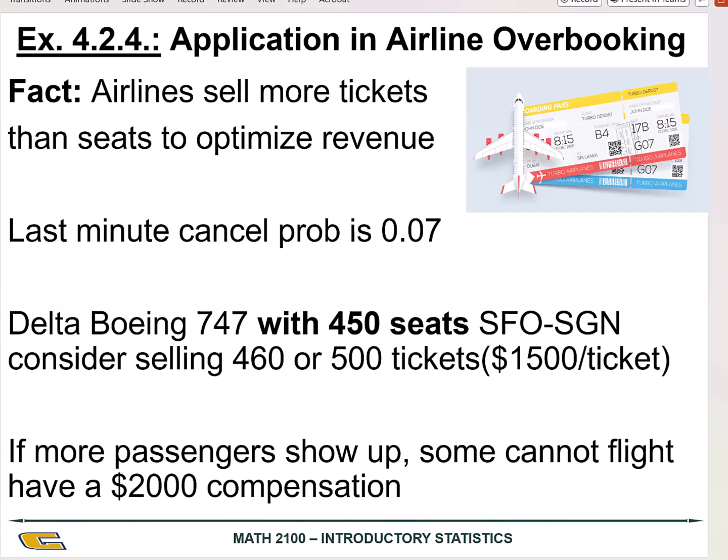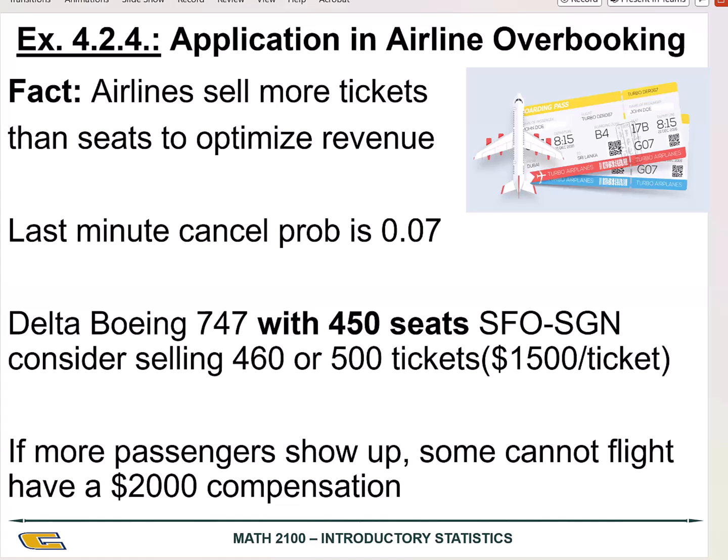Here we assume that, based on the empirical data, the probability of a last-minute cancellation is 0.07. Last-minute cancellations sometimes cause the airline trouble, because sometimes they have to give a very substantial amount of refund.